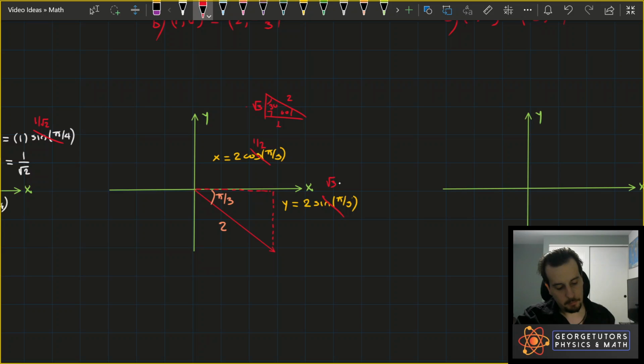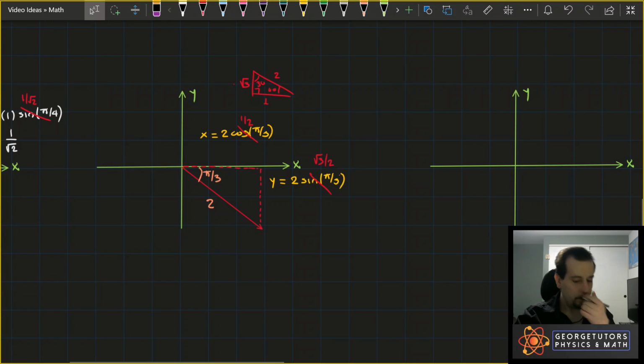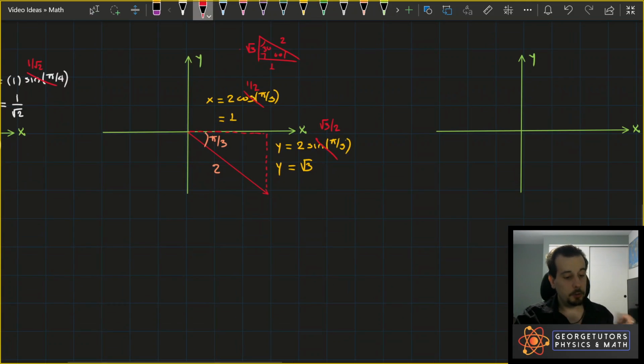All right. So we can simplify these a little bit. 2 times 1/2 is just 1. 2 times root 3 over 2 is just root 3. So we would conclude that the point over here would be 1 and root 3, right?